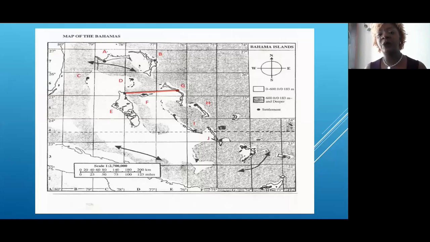Now, if we had the time and we had our resources, which is the map of the Bahamas, and we were able to do it collectively together, it would have been perfect, because then we would have been able to actually see what everyone thought. But in the essence of time, let's look at what the answer is.